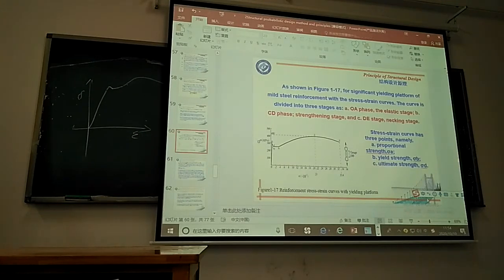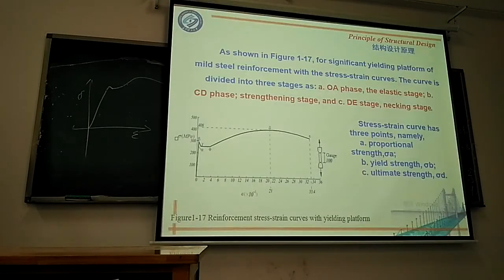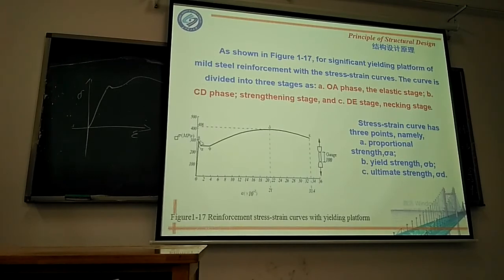So for this figure, this is the stress-strain curve of the reinforcement. Normally, for reinforcement that has this yield platform, we take the value of this point, sigma b, as the design value strength.